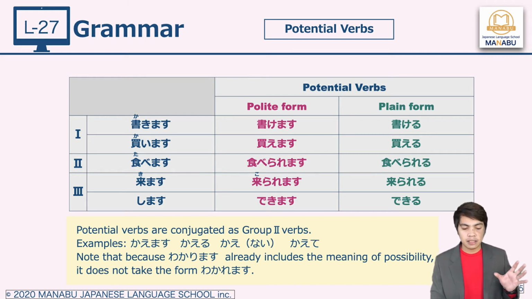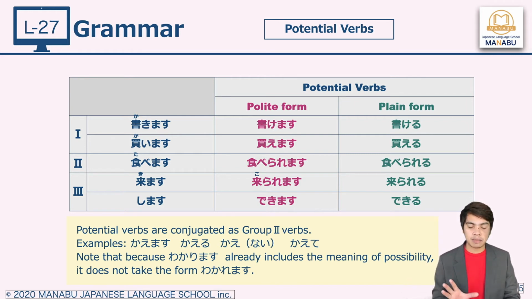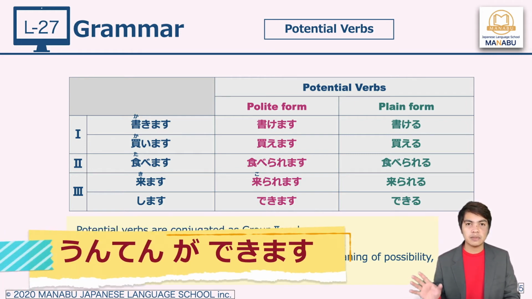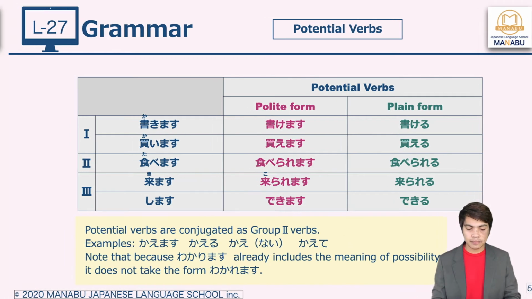Now the verb dekimasu, just like I explained earlier, uses the particle ga, noun ga dekimasu. So from unten shimasu or unten o shimasu, it will become unten ga dekimasu. Unten is a noun, particle ga dekimasu. So can do, dekimasu means can do. Unten is driving, so can drive.